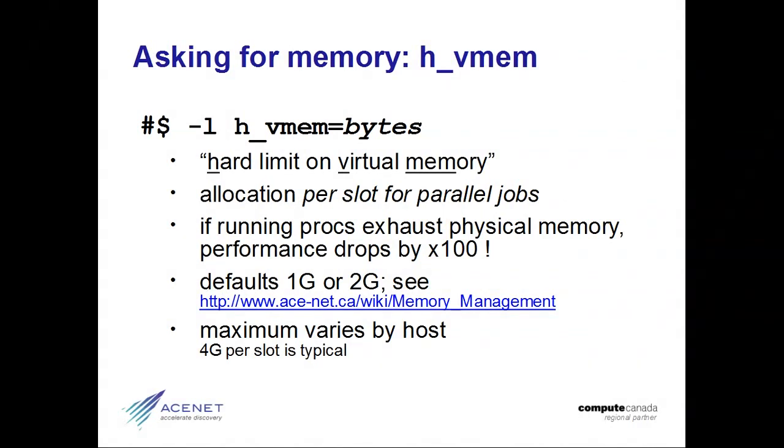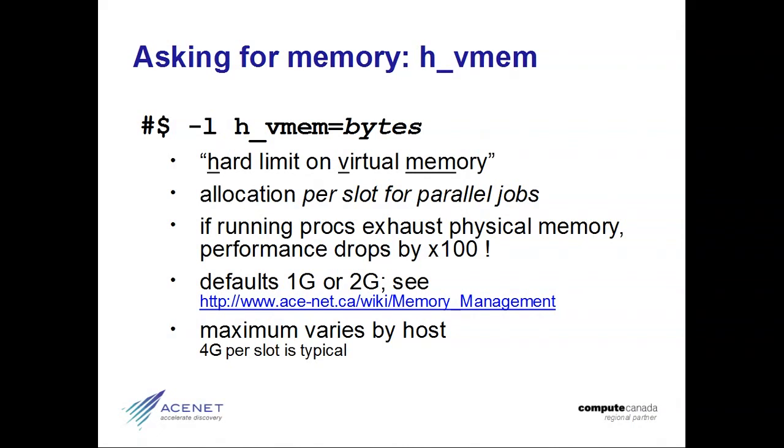If you have a bunch of processes running on a single one of our compute nodes, and between them they exhaust all the physical memory there is on that machine, they use up all the RAM, they may keep going because they can do a thing called swapping. But what swapping does is it starts to use the hard disk on the machine as a backup for the random access memory. And the hard disk is so much slower than the random access memory that the performance of your code may drop by a factor of 10 or 100.